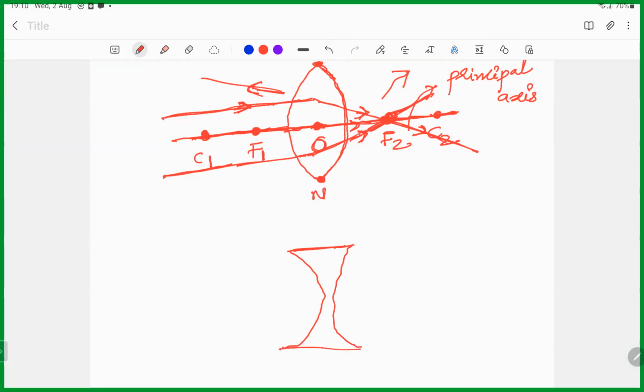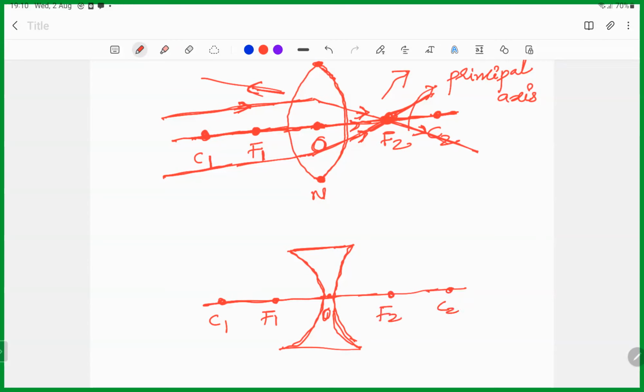Let's take this as a concave lens. For this one also, the point O is the optical center, and this is the principal axis. Now take these as C1, F1, C2.